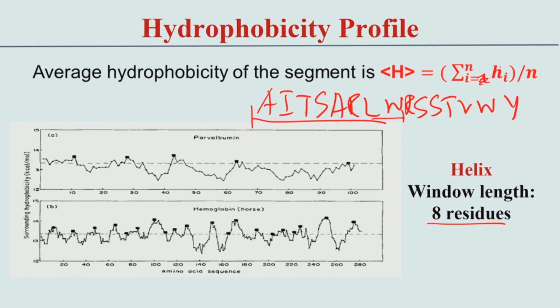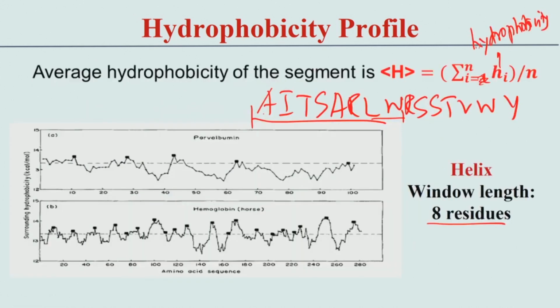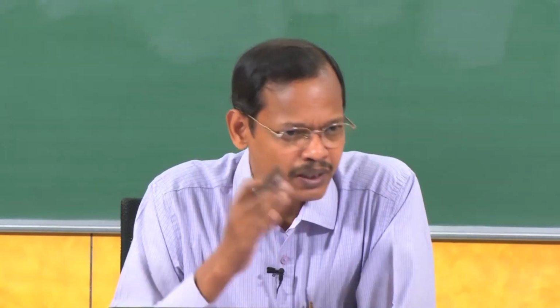What is hi? Hydrophobicity. This is the hydrophobicity value. So, for each residue we have the value, assign the values, add up the values and divide by n. So, n equal to this segment, this 8 residues means n equal to 8, right, you can do that. So, we get the different values, and you can use these values to predict secondary structures.